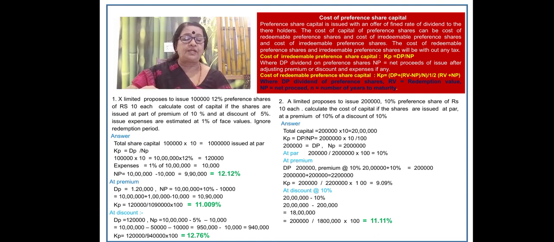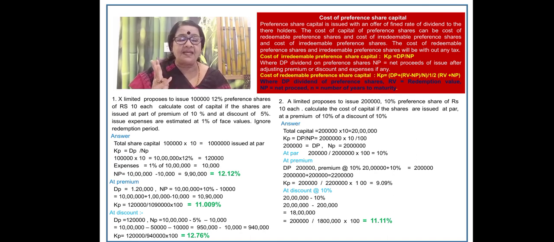First, we will look into the cost of irredeemable preference share capital and how it can be calculated. In the case of cost of debt, it is KD. In the case of cost of preference shares, it is KP, capital K, small p.